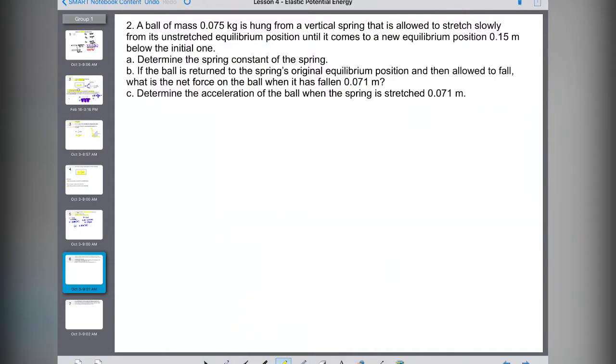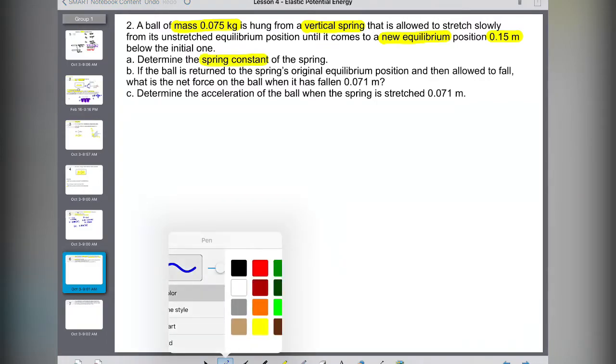A ball with a mass of 0.075 kilogram is hung from a vertical spring and is allowed to stretch slowly from its unstretched equilibrium until it comes to a new equilibrium position 0.15 meters below the initial one. Determine the spring constant. Okay, so let's just start with that.